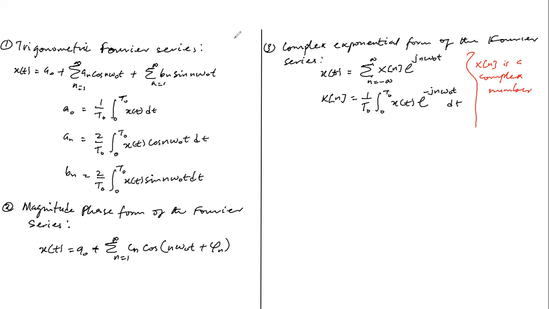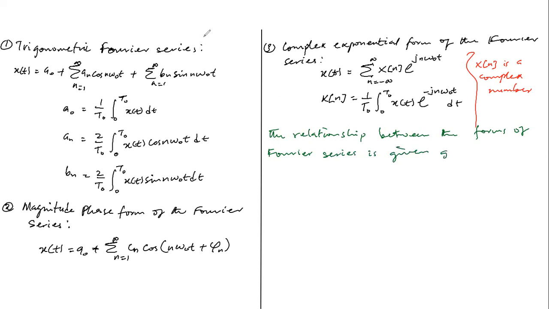Okay, now the relationship between the forms of the Fourier series is given by: s of n is the same as 1 over 2 times an minus j bn.